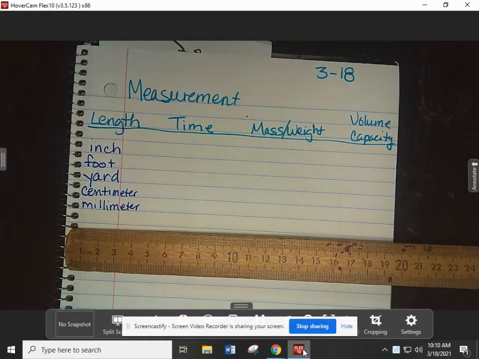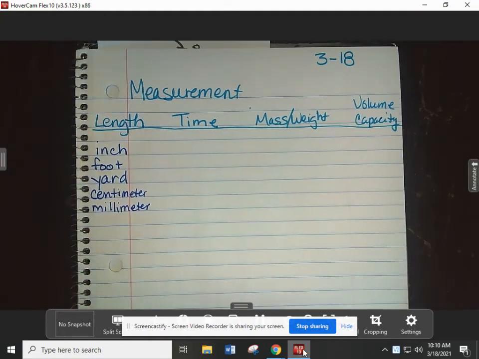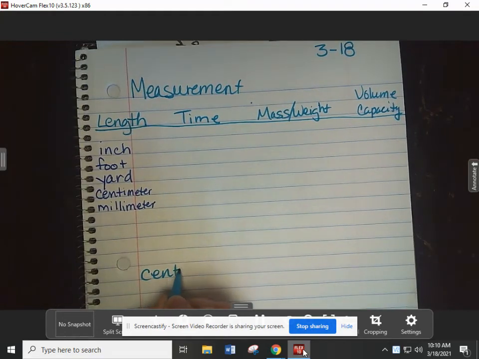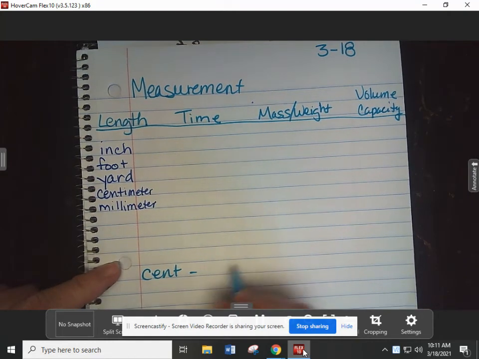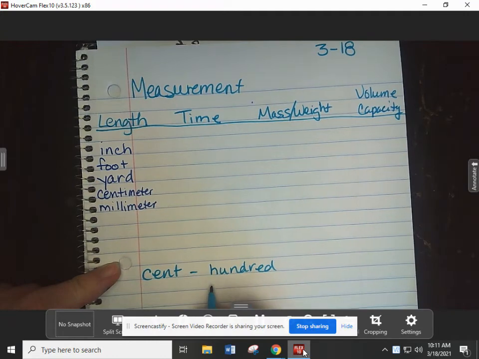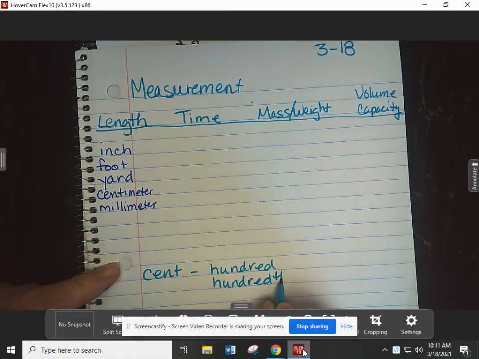So if we have the word cent in the front of centimeter, cent means 100 or 100 with a TH.